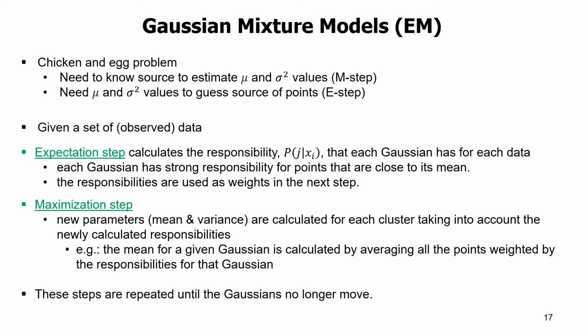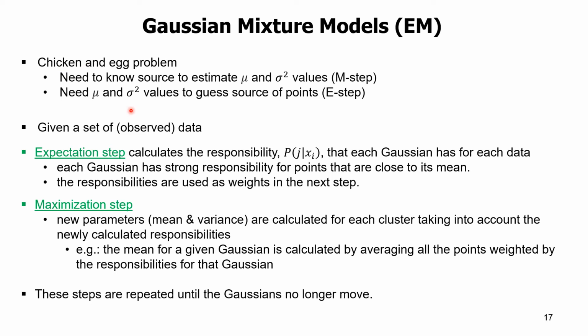So the example in the previous slide tells us that if we know the source of the data, then we can estimate the parameters of the Gaussian. And then if we know the parameters of the Gaussian, then we can estimate the source of the data points. So it goes in a circle, and it is like a chicken and egg problem.